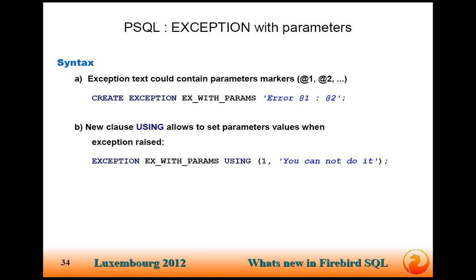In the status vector at the client side, you will have the exception number as always, the formatted full exception text as always, and in different slots the values for every parameter. So if you know how to work with the status vector, you can easily extract the parameter values for your own purposes.